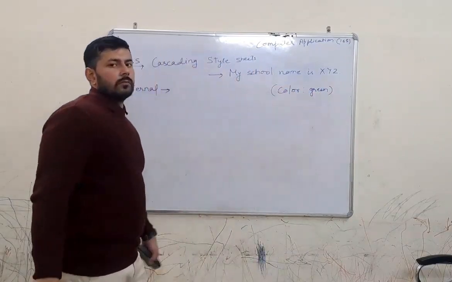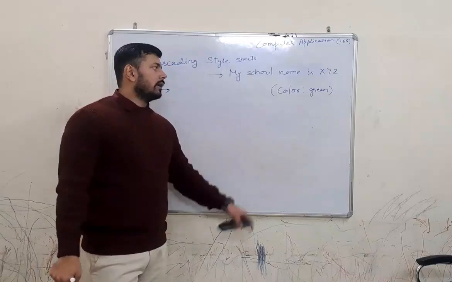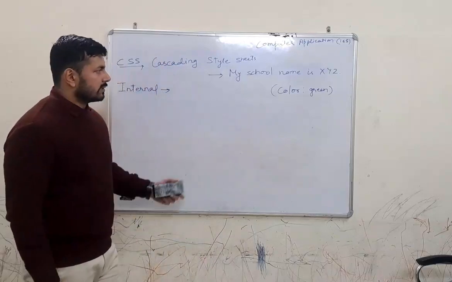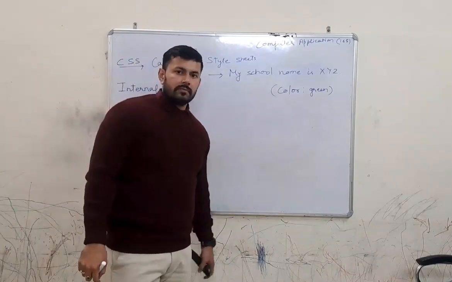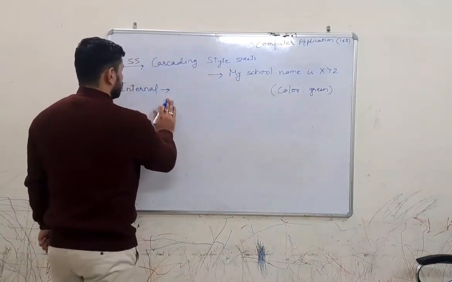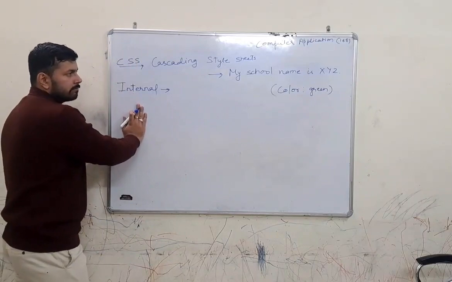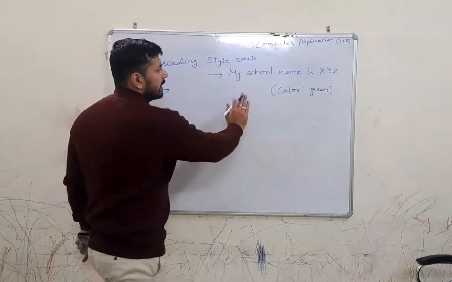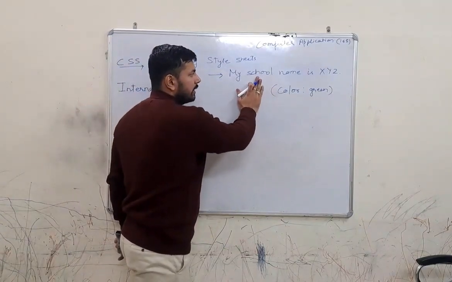This is not a grammatical error, because in HTML and CSS we write color according to this spelling. By using internal CSS, I will show you how we can apply the color green to this sentence.